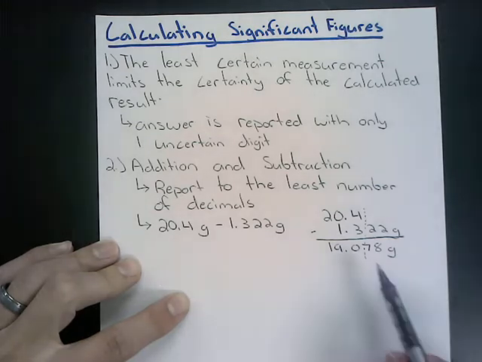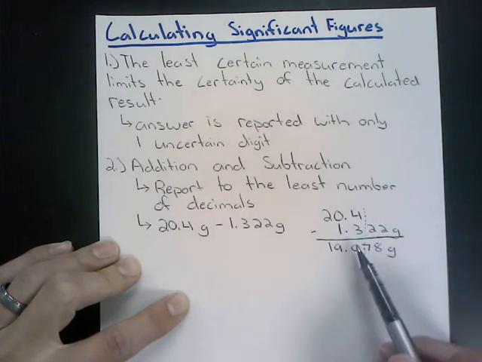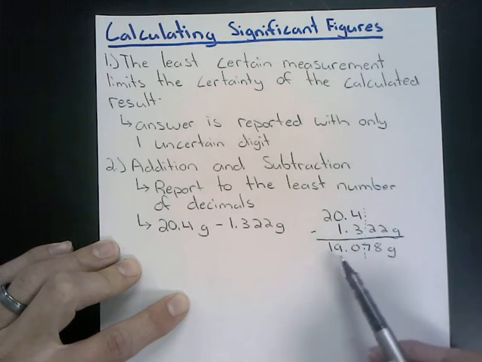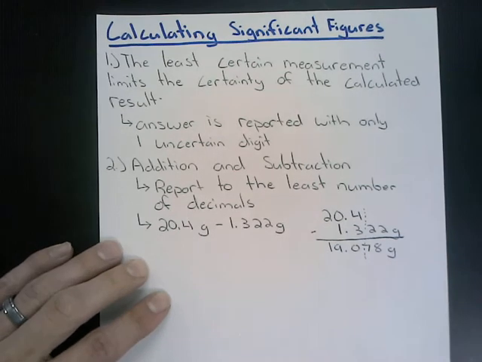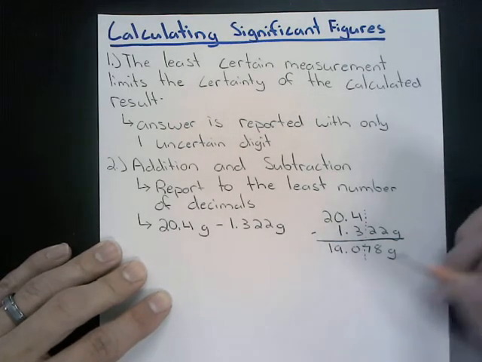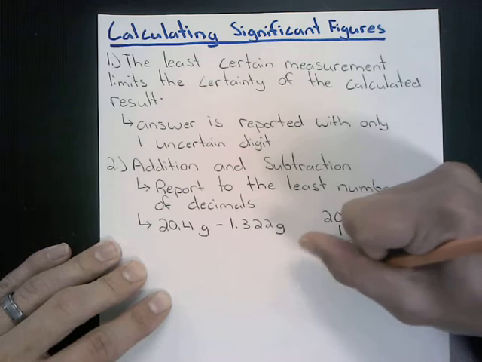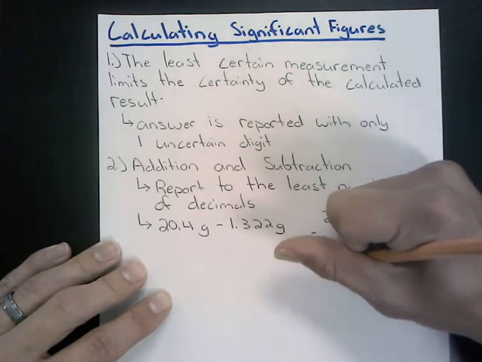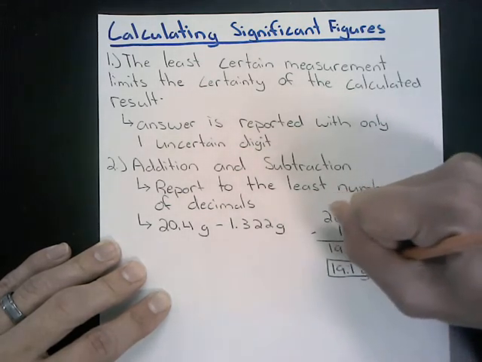That means I can only report this particular value to the left of my dotted line. We're getting a little ahead of ourselves, but this would round up to 19.1. So that would be our value for that particular problem.